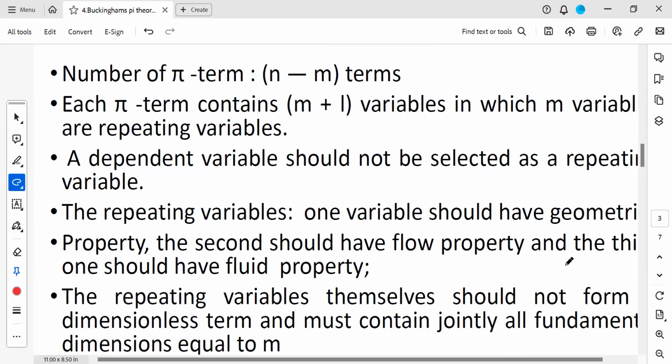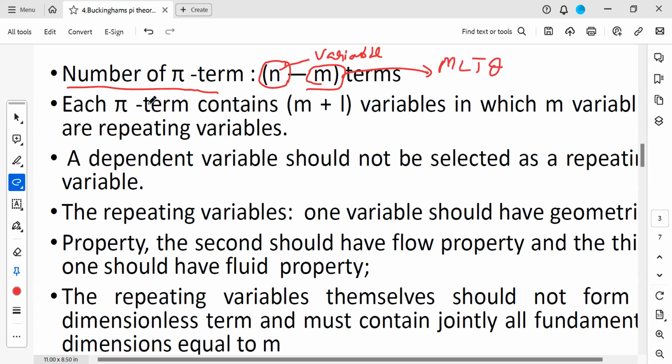Some of the rules and restrictions: the number of pi terms we can have for a physical problem will be n minus m. Here n is the number of variables involved in the problem, and m is the number of fundamental dimensions involved, like M, L, T, theta.